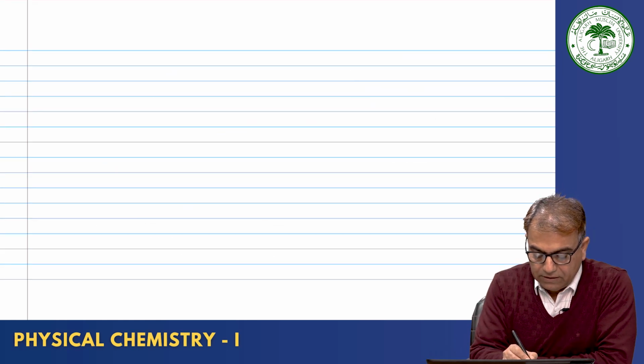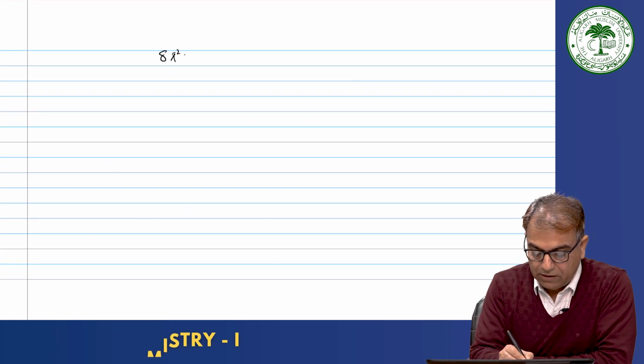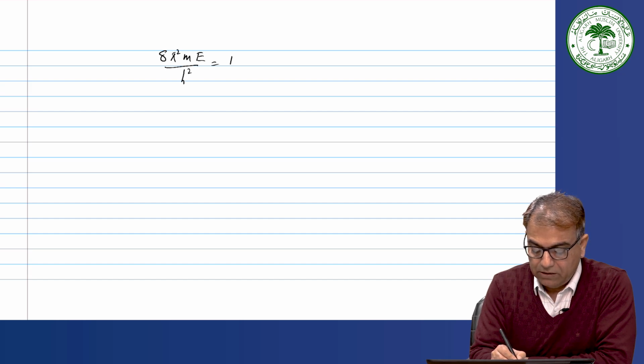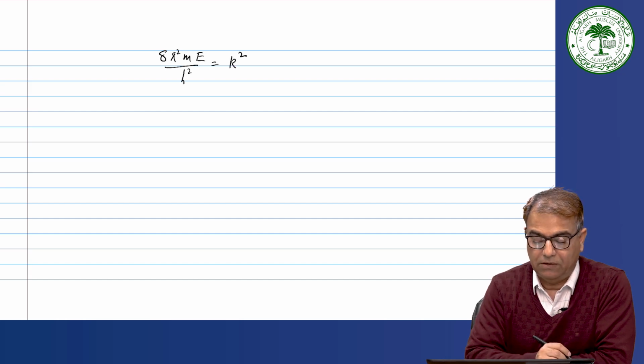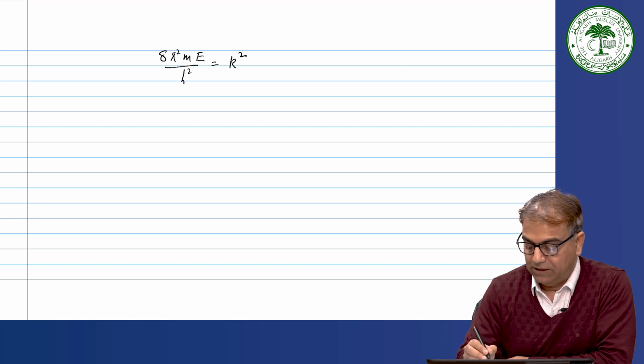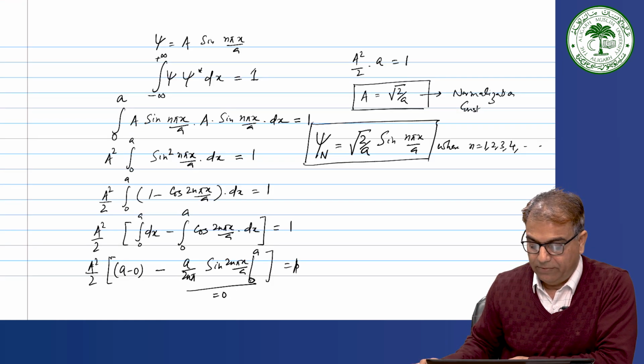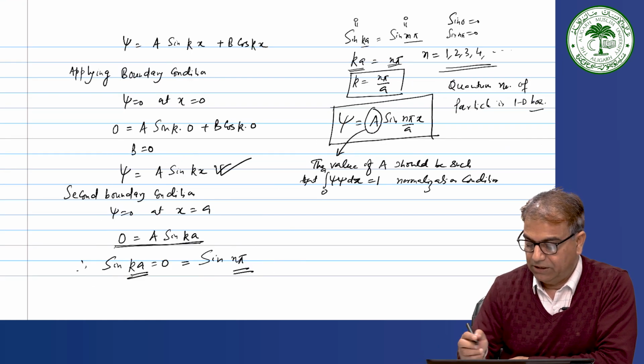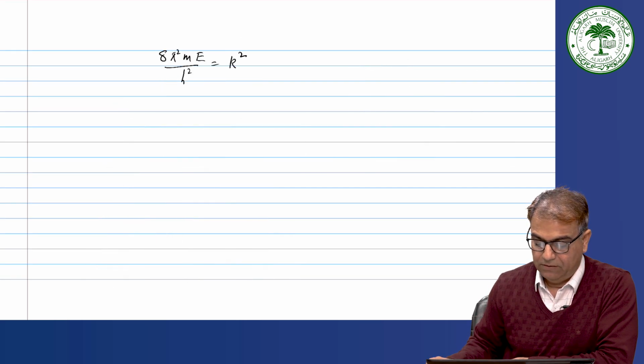What we have is 8π²mE divided by h² is equal to κ². And what is κ? If you go back, you see κ is equal to nπ by a.